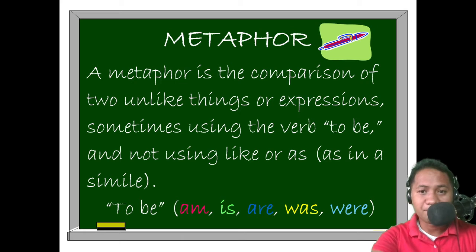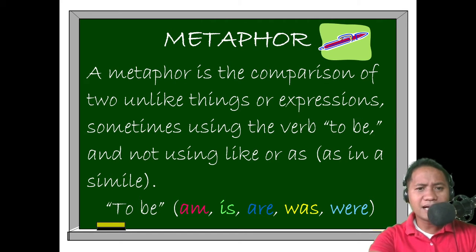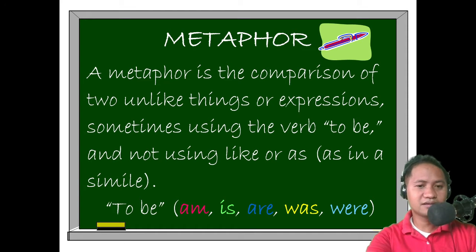Next, metaphor. A metaphor is the comparison of two unlike things for expression. Sometimes it uses the verb to be: is, are, was, and were, instead of like or as in a simile.